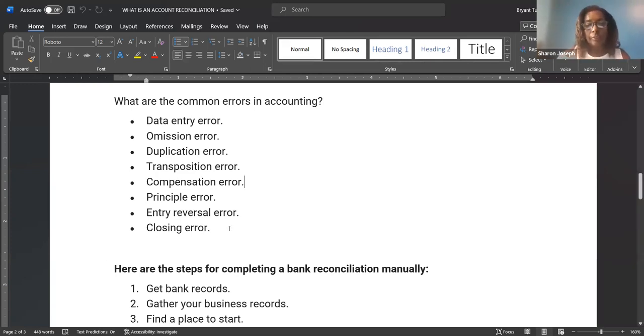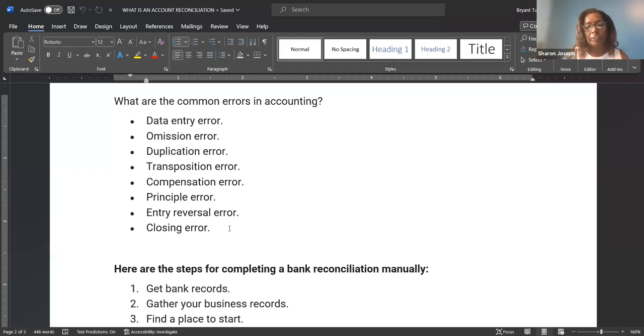And then there's closing errors. That means that perhaps you're going from a cash basis to an accrual basis at the end of the period. And part of your closing entry is to make sure that you record your depreciation, your accumulated depreciation, record any accruals that are out there. And so those are called closing errors. And also another type of closing error is that you're missing items in a particular period.